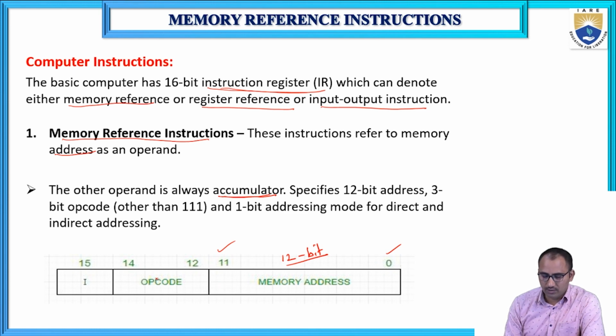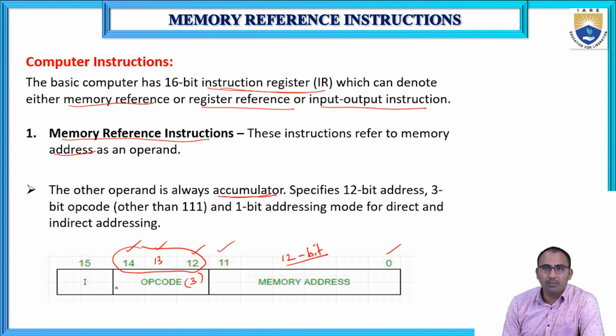The next field is the opcode field, using 3 bits: the 12th, 13th, and 14th bits. Opcode means operation code; what type of operation to perform is determined by these opcode bits.